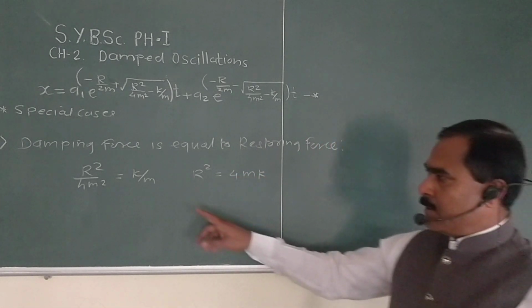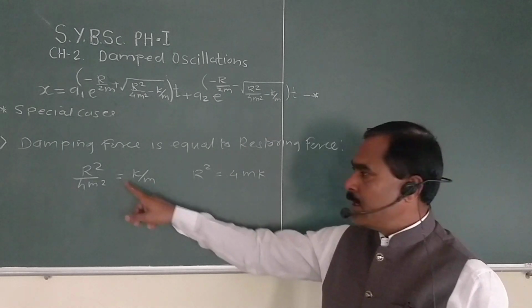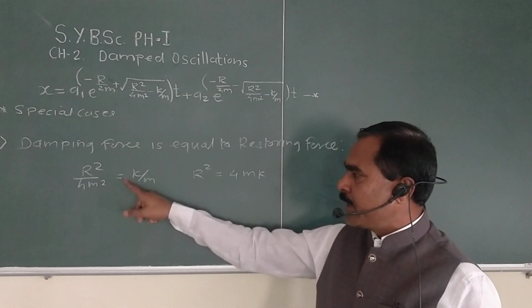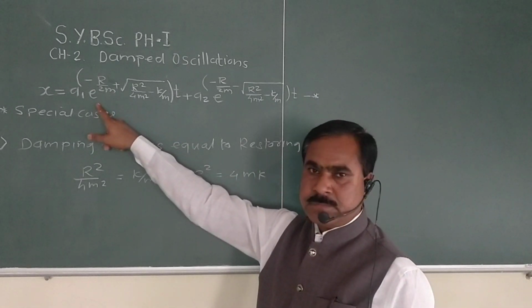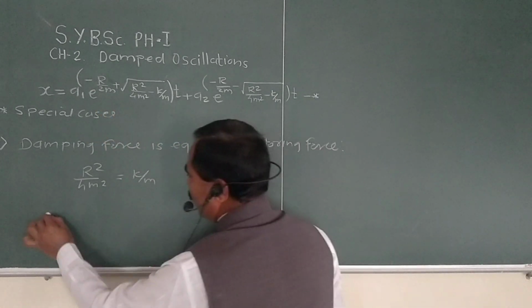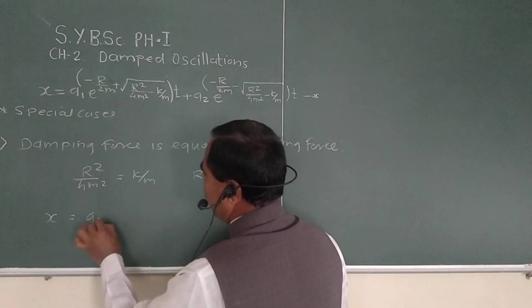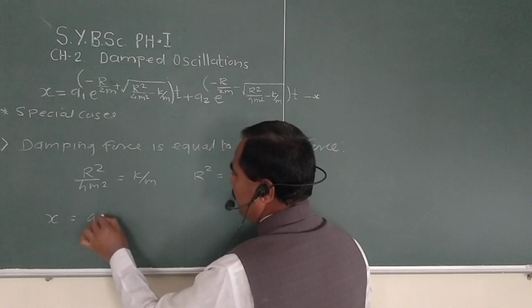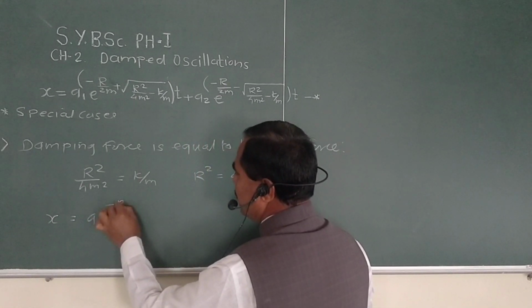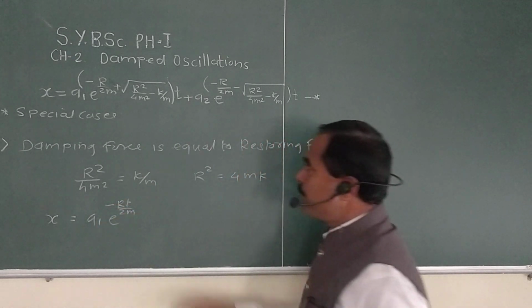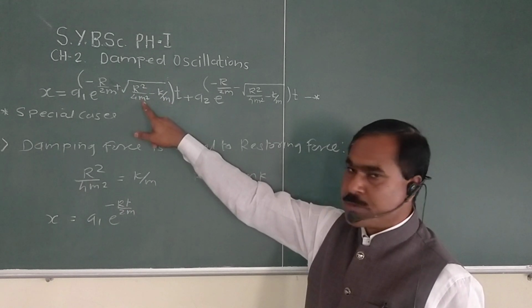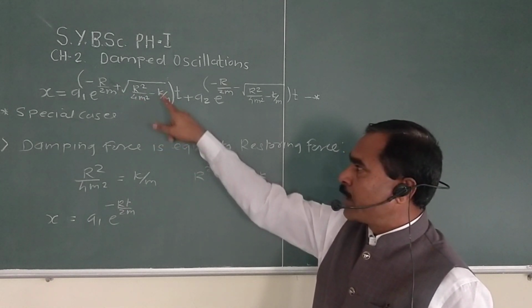Now when we consider this case, r square upon 4m square equal to k by m, then this equation becomes x equal to a1 e raised to minus rt upon twice m, because here r square upon 4m square equals k by m.